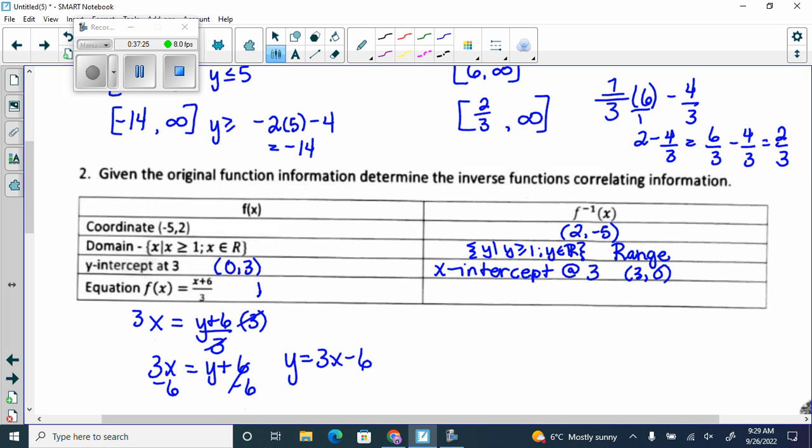So this is actually the same as x over 3 plus 6 over 3, which is x over 3, or 1/3 x, plus 2. It is a linear. That becomes a linear, right? So it is actually the same. Now, instead of writing y, I'm going to write f negative 1 of x equals 3x minus 6.